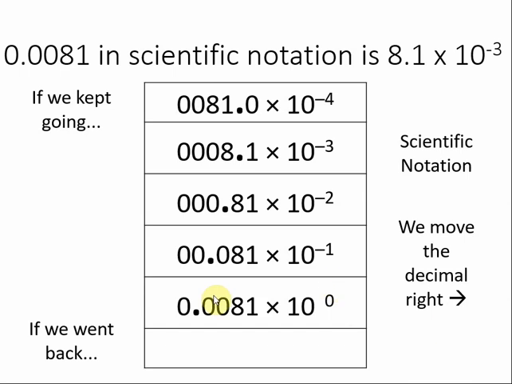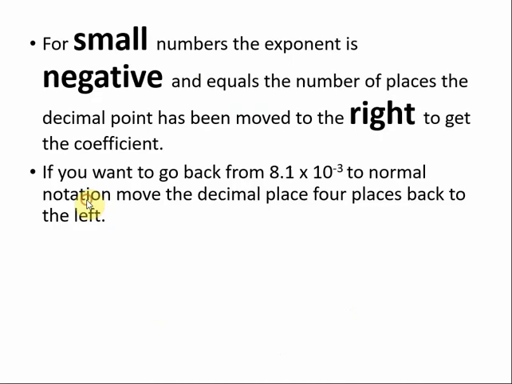But you can see that the power of moving the decimals around still applies. Or likewise, if we went back to the start, if we moved the decimal in the other direction, the exponent would go up. Moving the decimal left makes the exponent go up. Moving the decimal to the right, to put this small number into scientific notation, and at the end of it, we got rid of these zeros because they were just placeholders.